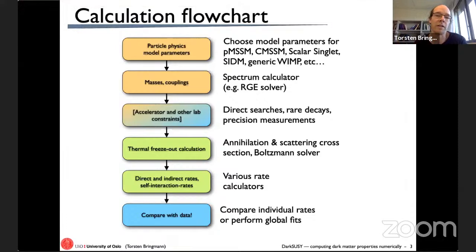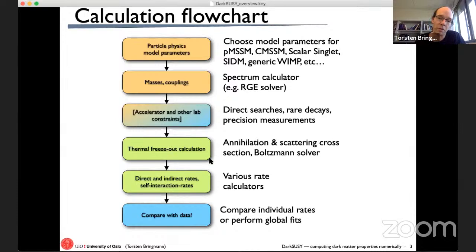For more phenomenological models, it's just, for example, the dark matter mass and some generic coupling constant. Then with these input parameters, you want to calculate more refined versions of the masses and couplings, for example, taking into account radiative corrections. You want to check for constraints, and then you want to calculate various rates.